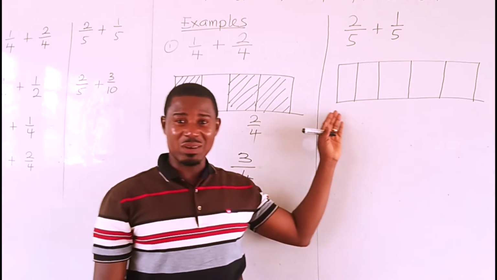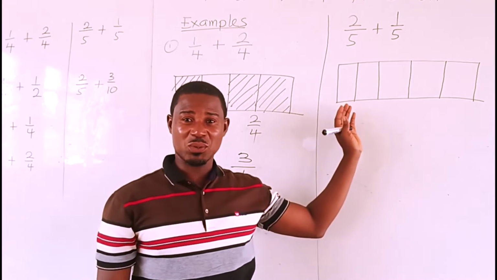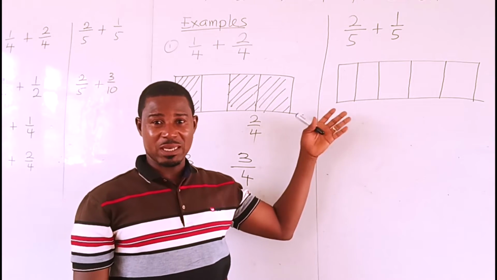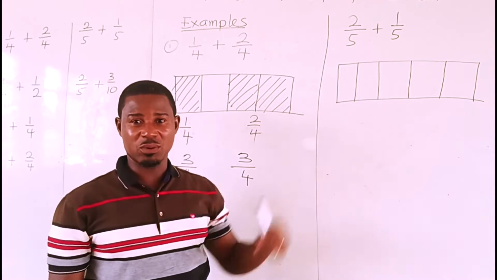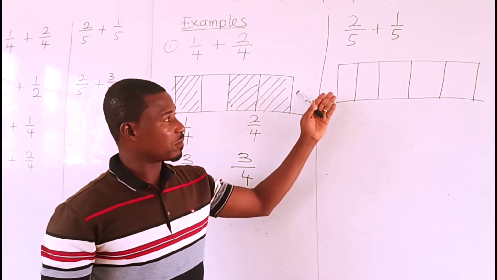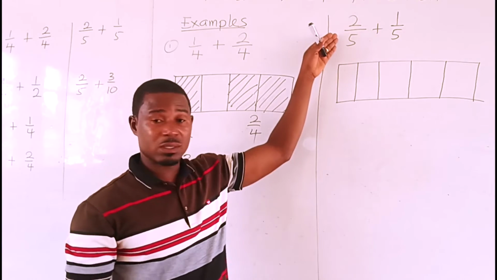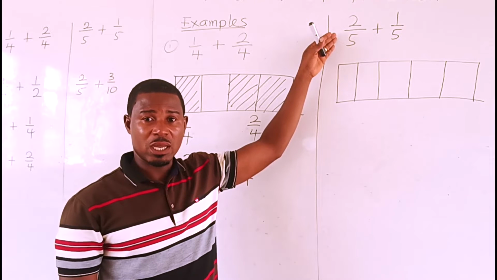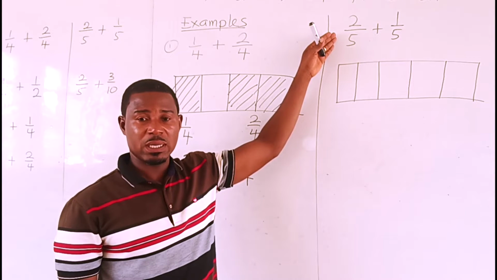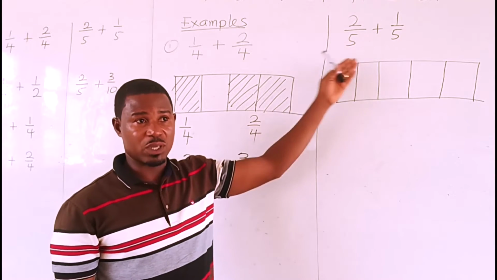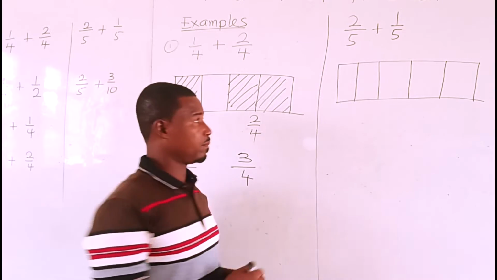Never mind how unequal the parts may look, but let's concentrate on the substance of what we are doing. So we have 2/5 to be the first fraction, and so we are going to shade 2 portions of the whole that has been divided.